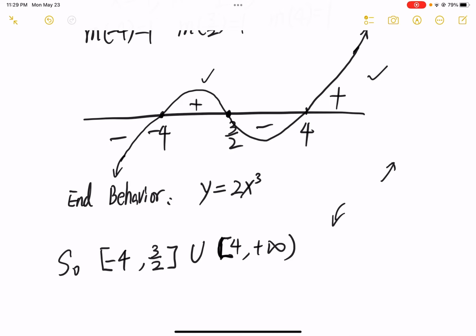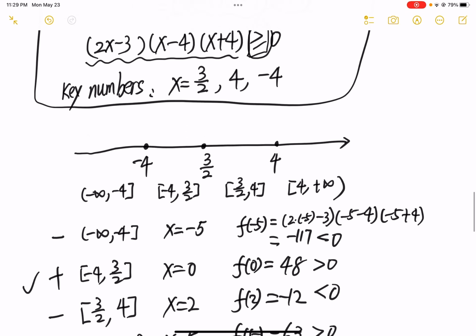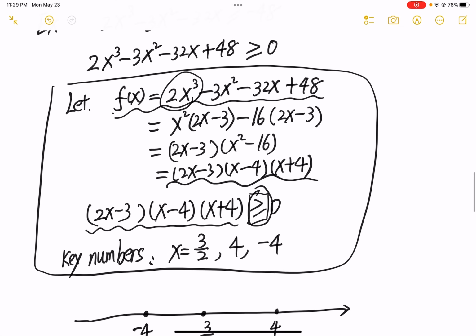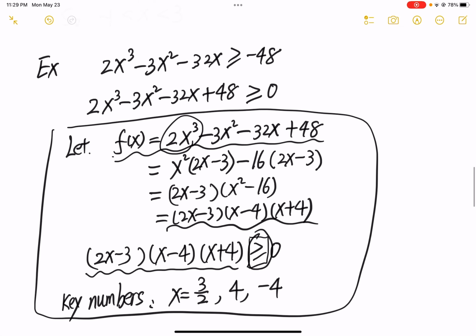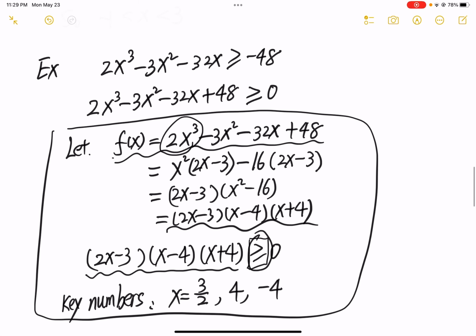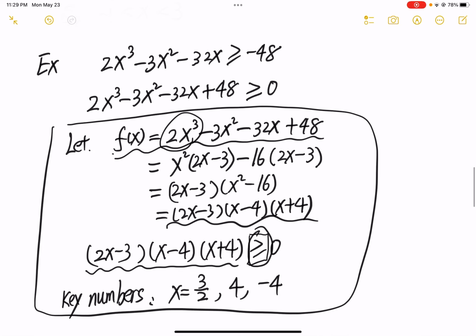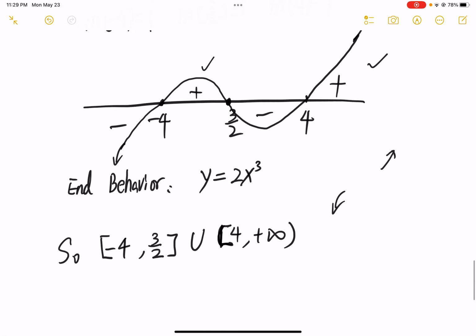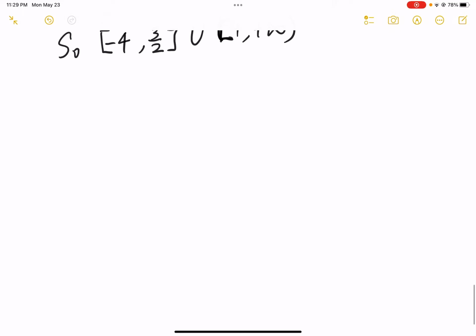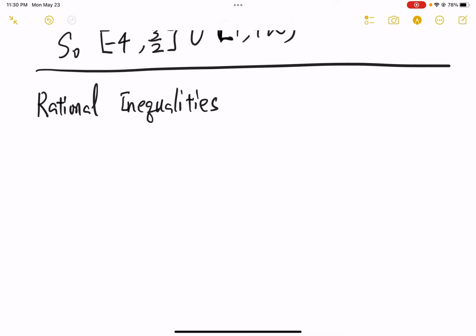Okay, so these are nonlinear inequalities, where the left side is a polynomial. Now let's look at another type, the rational inequalities.